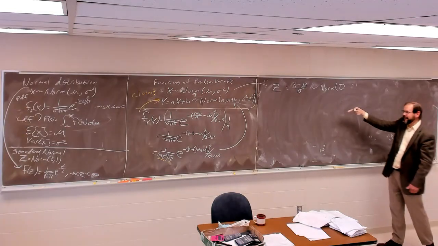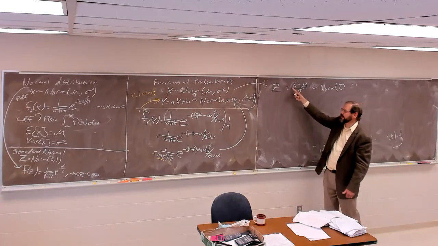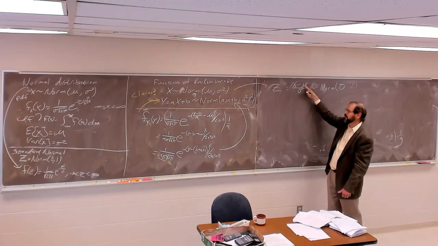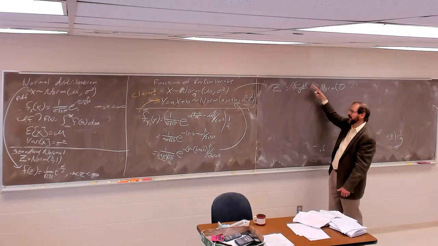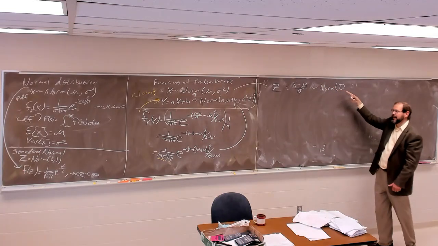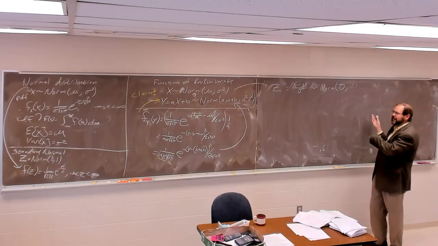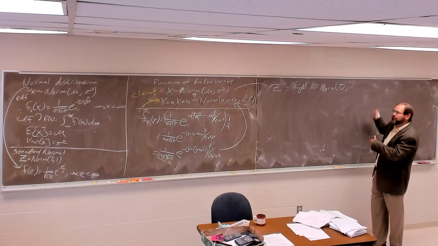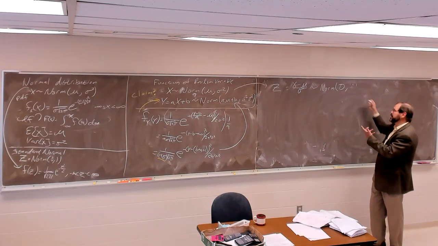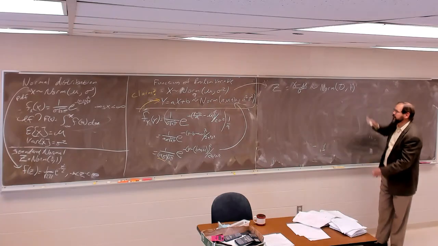And whose new variance, sigma squared, by the transformation, will be 1 over sigma squared times sigma squared, which will end up being 1.